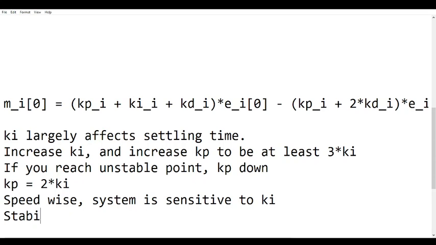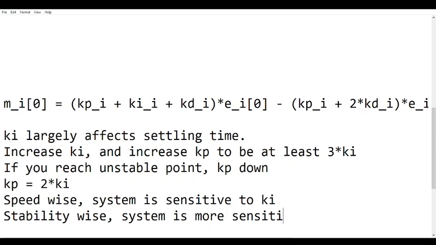Stability wise, the system is more sensitive to KP. By instability, I'm talking about your output voltage or output current just going up and down like a zigzag, giant ripples. You're going to be seeing that.